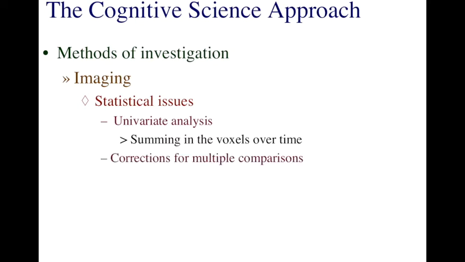Another statistical problem is the fact that we are doing an analysis on hundreds or thousands of voxels. So if we break the cortex down into rice grain size parts, there's lots of different voxels that we're going to be looking at. Now, there are random fluctuations in brain activity that we can't really account for.